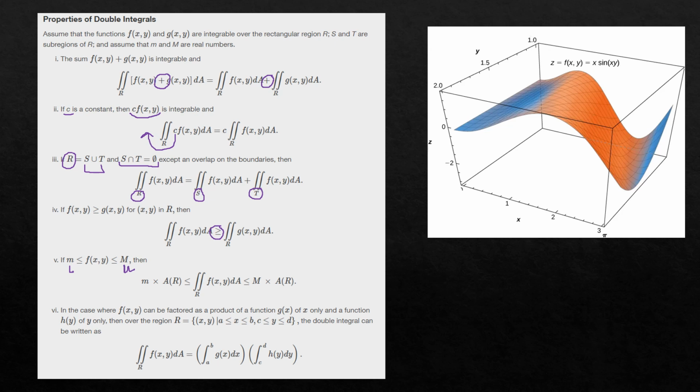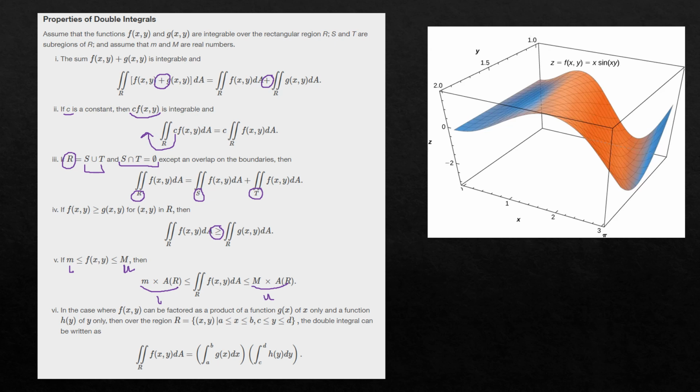Then the integral of this function is also bounded. And what is it bounded by? So this is little m times the area of the region. That's the lower bound. Okay, that's our new lower bound for the integral. And then the upper bound would be the area of that same region times the upper bound M. Okay, so that would be the upper bound for the integral.